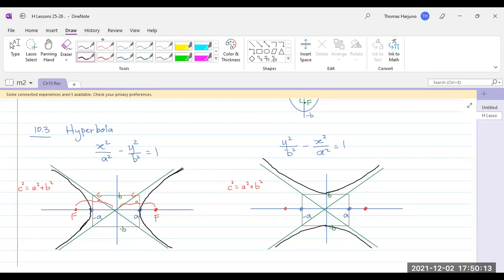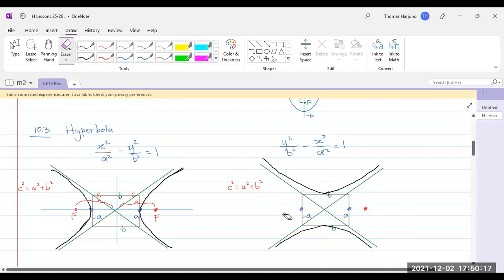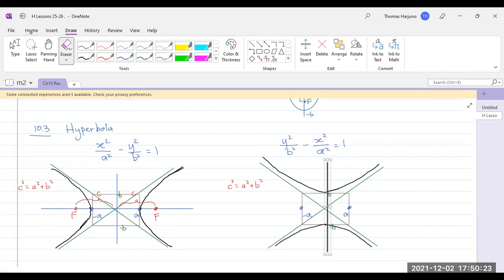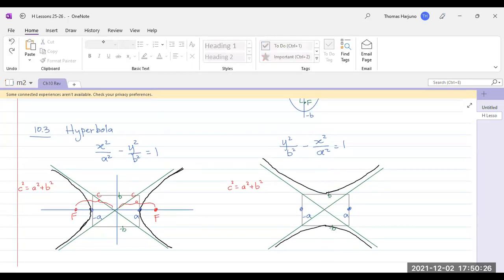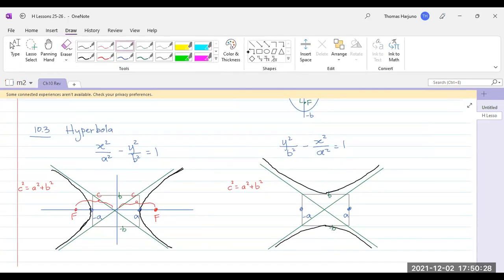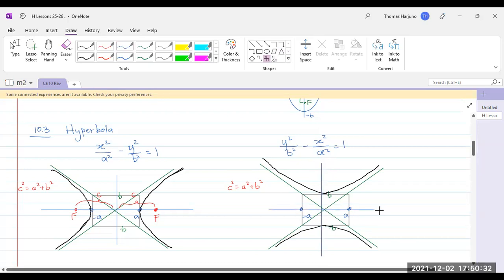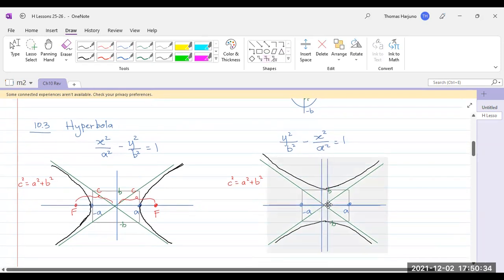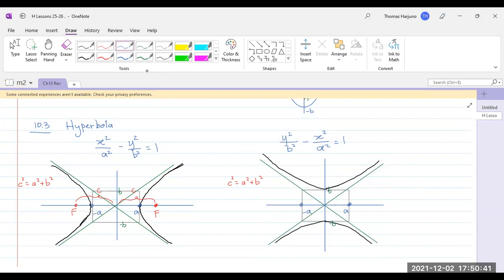Now, the foci are no longer here. The foci are no longer on the x-axis, but on the y-axis.